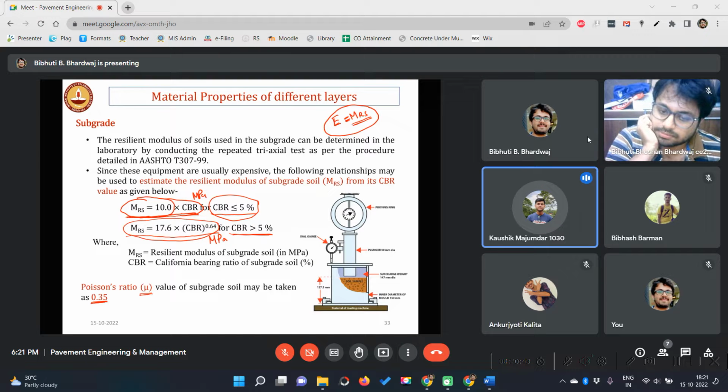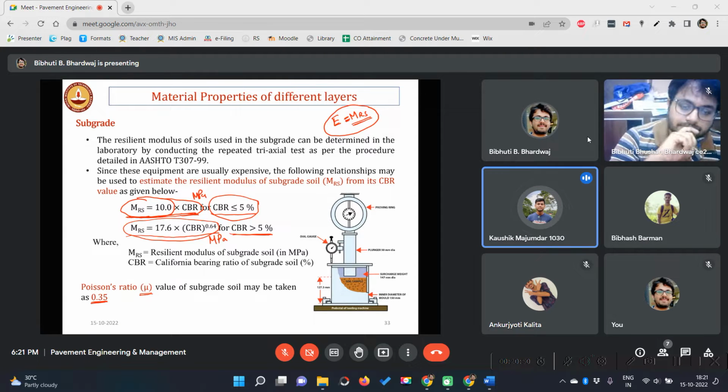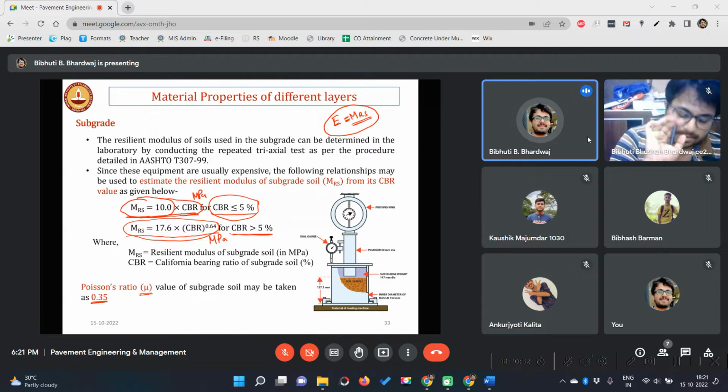Its main aim is to determine the bearing ratio of soil. I think a circular plunger is used to give force and see when the soil fails. Sure. Okay. So remember it very simply. It's basically the strength of the soil. Okay. But the unit of strength is generally MPa, right? But what is the unit of CBR?